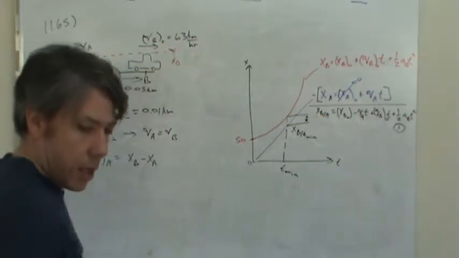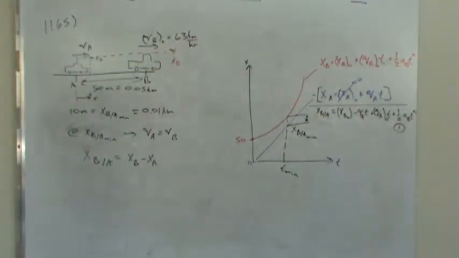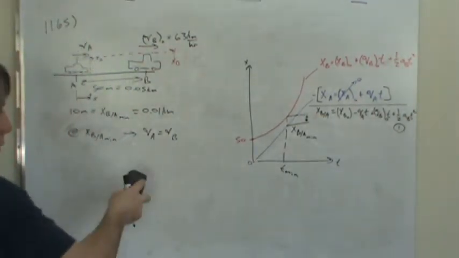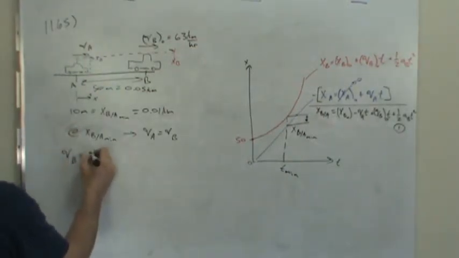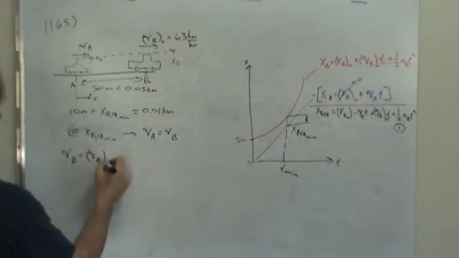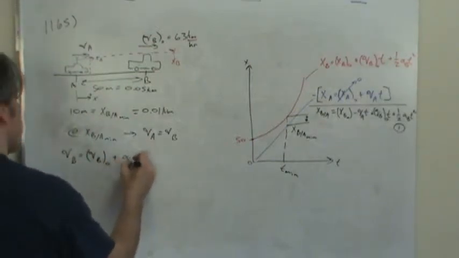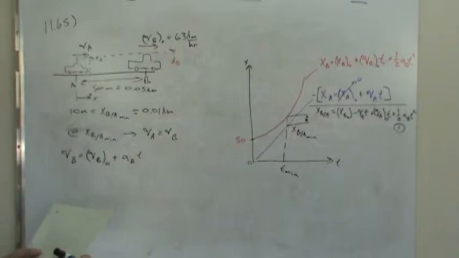let's see where do I want to put this. I guess I'll go ahead and get rid of my relative position equation again. I can work down here. The velocity of B is just the initial velocity of B plus the acceleration of B times time.